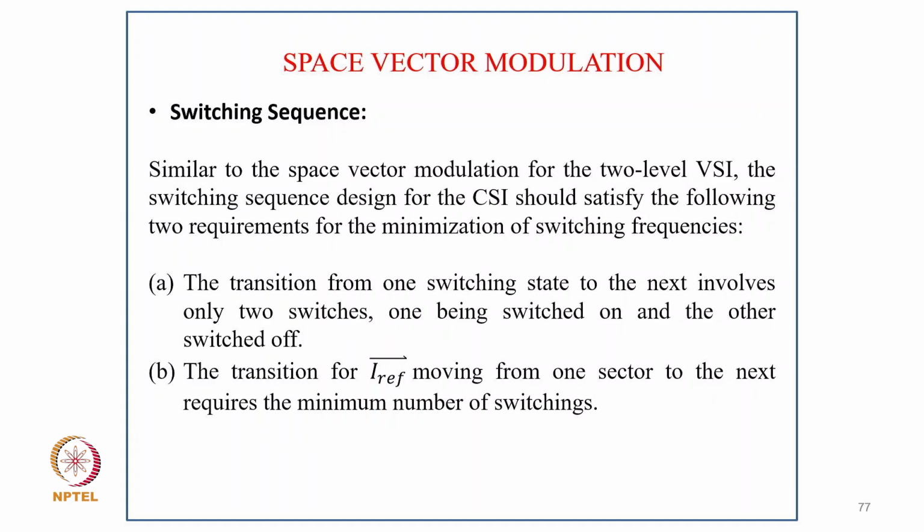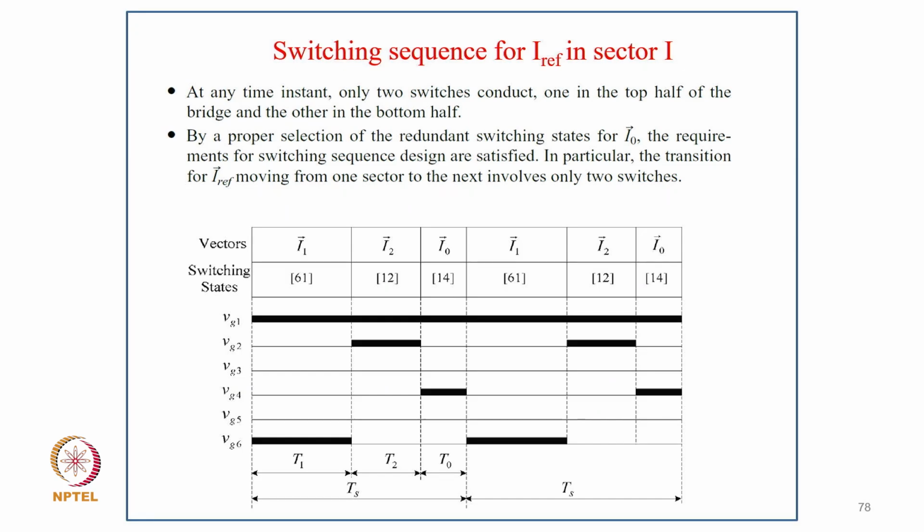And B, the transition from I reference moving from one sector to the next requires the minimum number of switchings. In the switching sequence for I reference in sector 1, at any time instant only 2 switches conduct, one in the top half of the bridge and the other in the bottom half, and by a proper selection of redundant switching states for I0, the requirements for switching sequence design are satisfied.